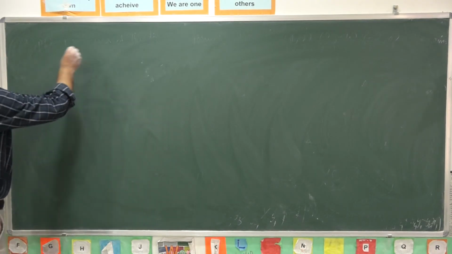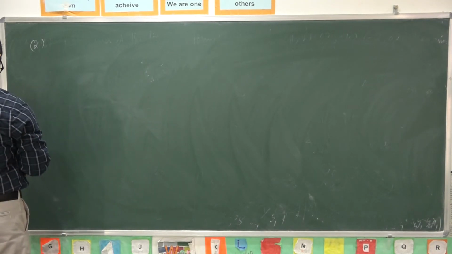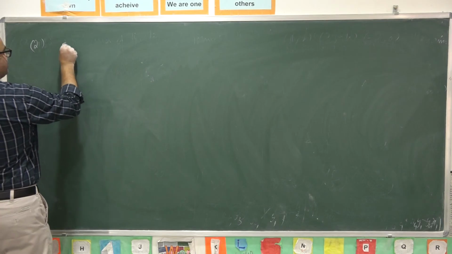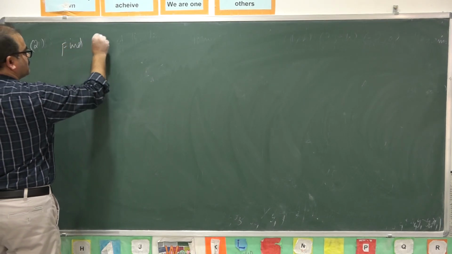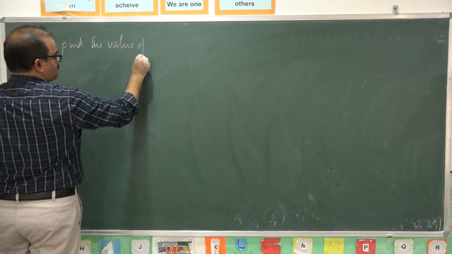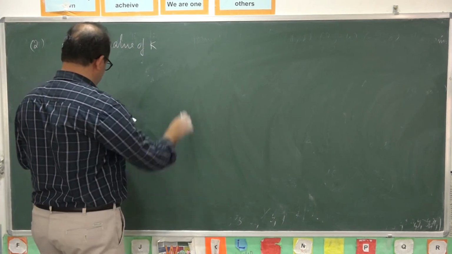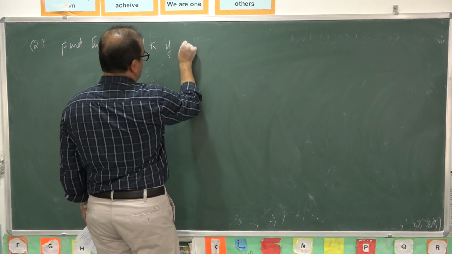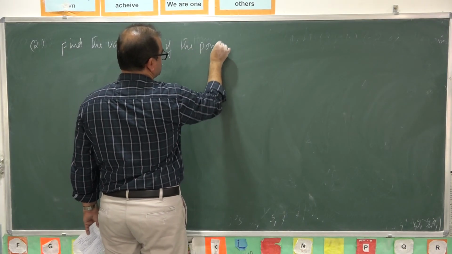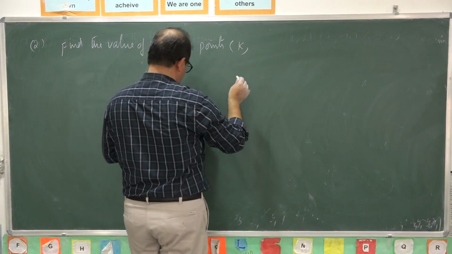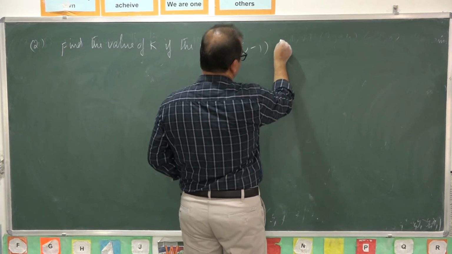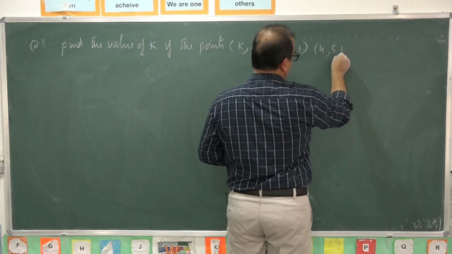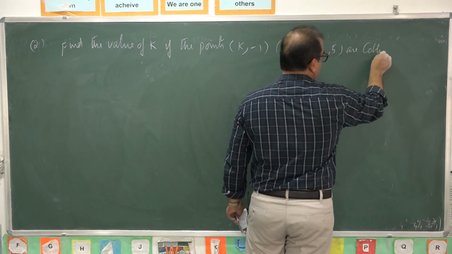Next, find the value of k if the points (k, -1), (2, 1), (4, 5) are collinear.